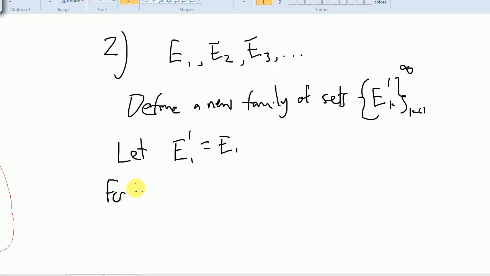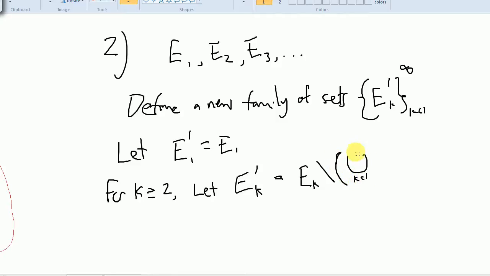Now for k greater than or equal to 2, let E prime sub k be equal to E sub k minus the union from n equals 1 to k minus 1 of E sub n.